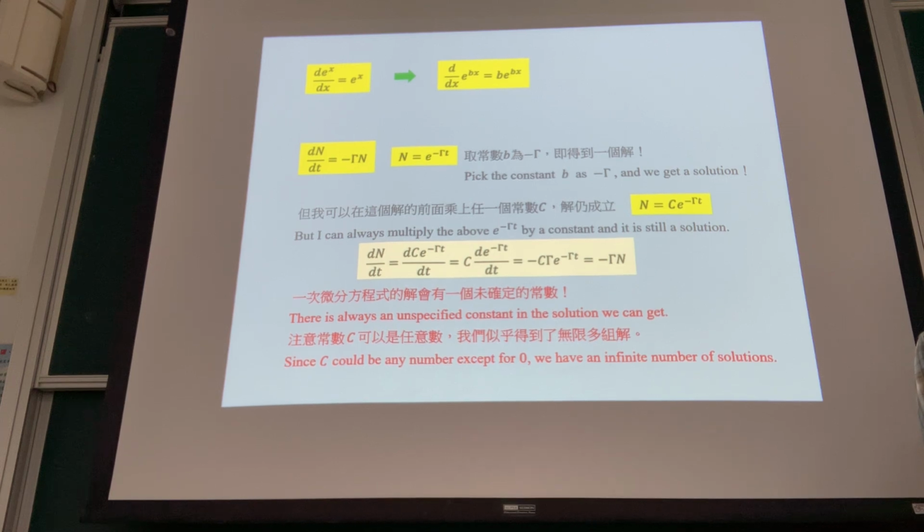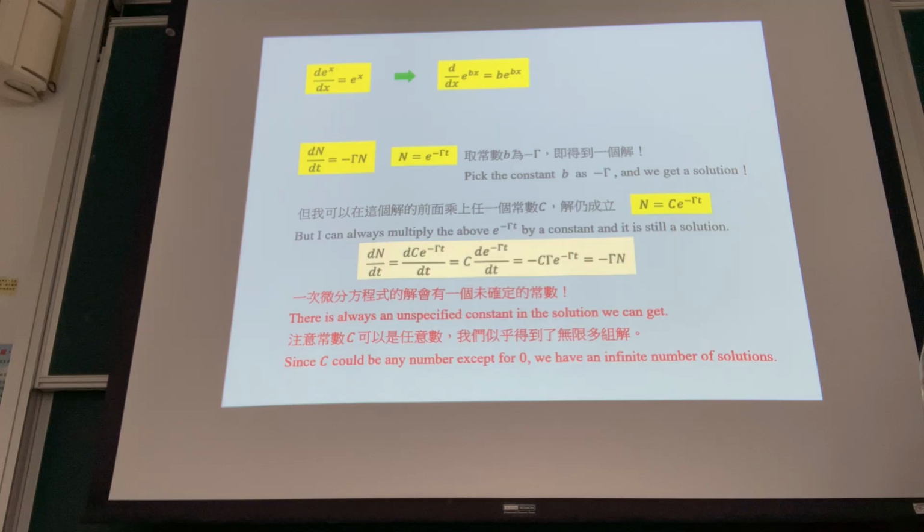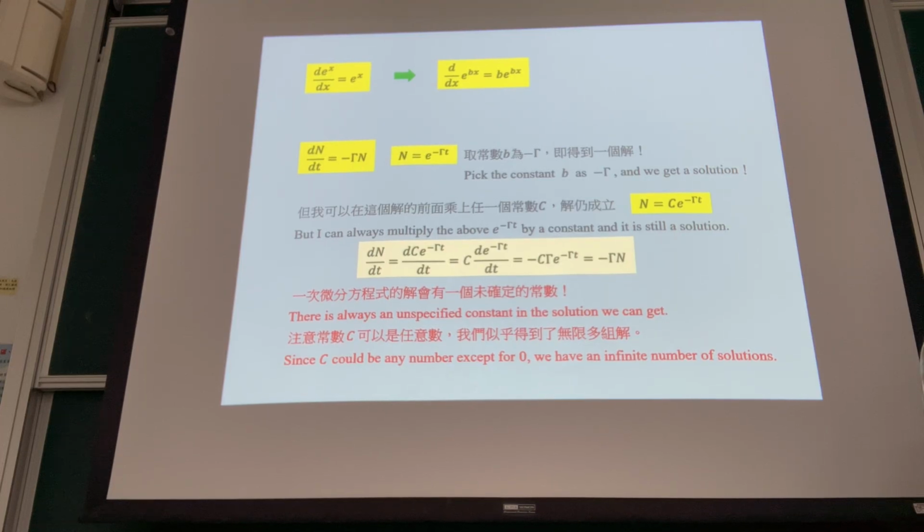That's what you will almost always encounter when you solve a differential equation. It's very, very different from an algebraic equation. In an algebraic equation, usually you don't have unsolved leftovers. 1 plus x equals 2, x equals 1. What else?